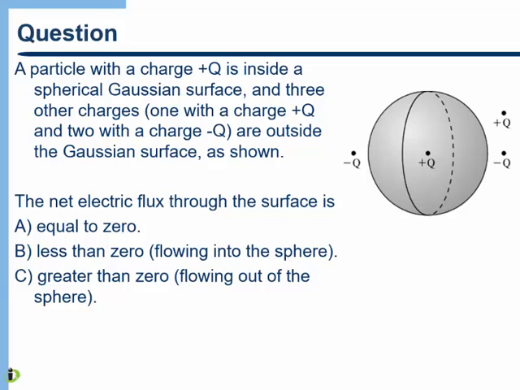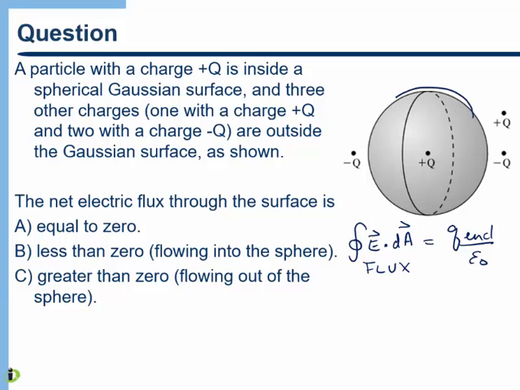Remember that when I ask you a question about flux, you should smile, because flux questions are easy questions. Remember that the left-hand side of Gauss's law represents the flux. So finding the flux is as simple as adding up all of the charge enclosed in the surface.